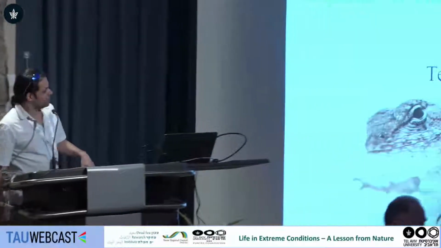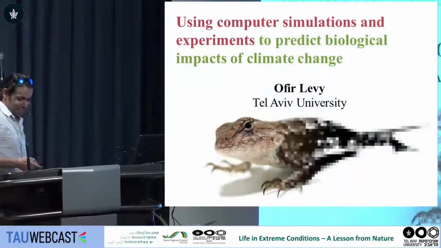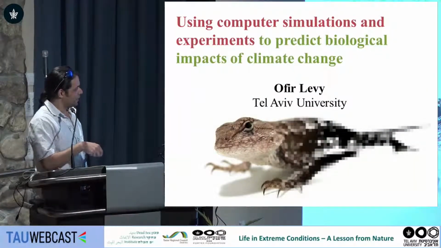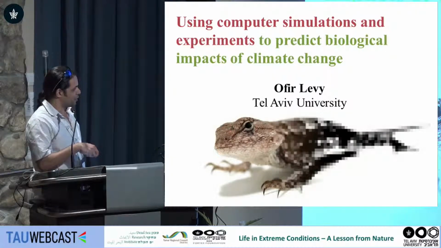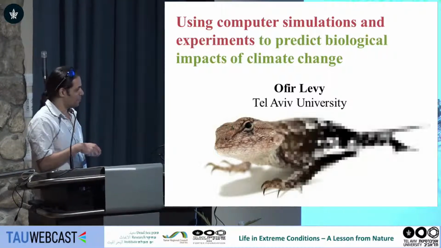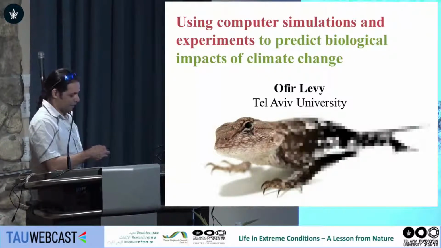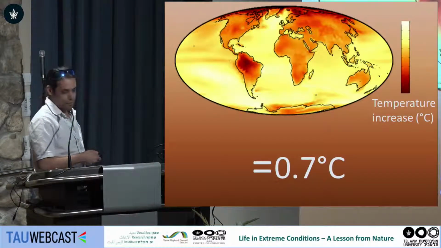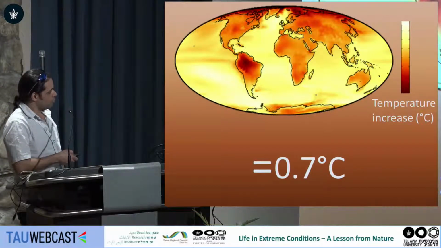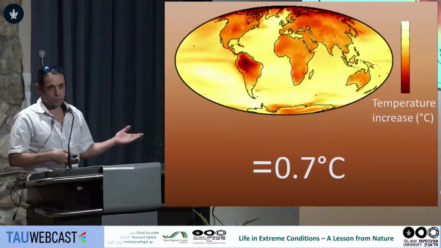I hope this works. Yeah, okay. So yes, our work, if you see this digitized lizards, I work in the interface between real lizards and digitized animals or lizards. And yeah, we all know about climate change and how Earth is getting warm.